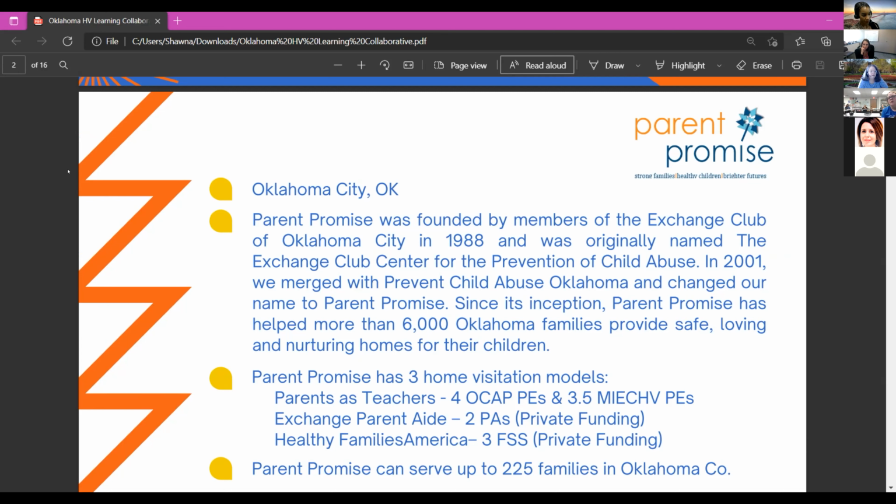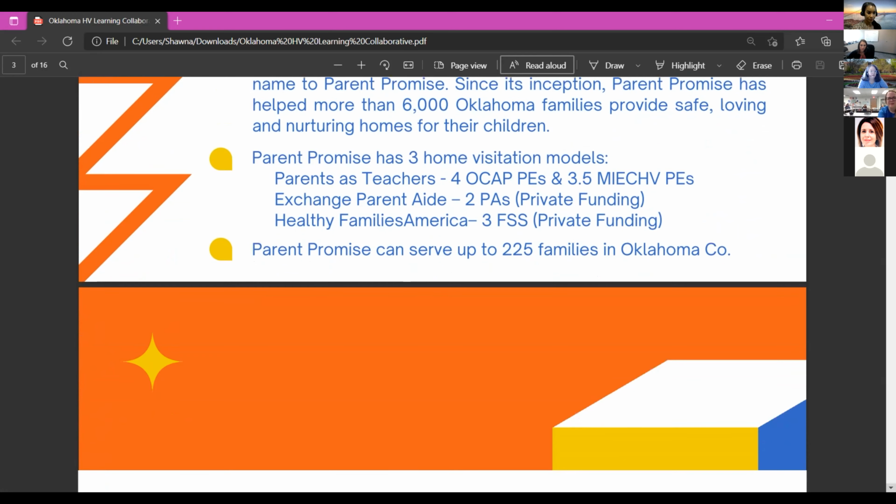Then we reinstated Healthy Families America a couple of years ago, and we have 3 family support specialists. If we are completely full, we can serve 225 families in Oklahoma County, and with our other 2 home visitation models, we can dip into Cleveland and Canadian County as well, where we get a lot of Yukon and Mustang.